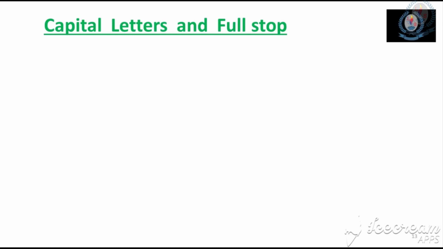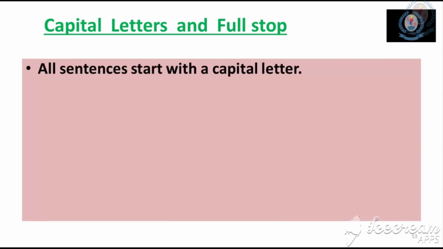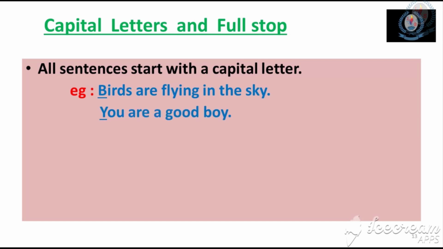Capital letters and full stops. All sentences start with a capital letter. Examples: Birds are flying in the sky. You can see the first letter B is capital. Second one, you are a good boy.